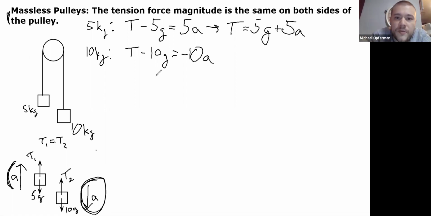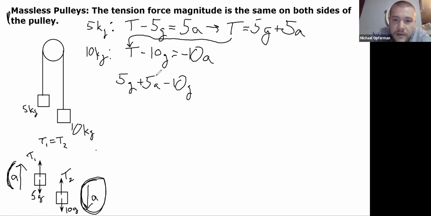And then I'm going to substitute that result in for this T, and that'll give me 5g plus 5a minus 10g equals minus 10a. On the left-hand side of the equation, I'm going to have 5g minus 10g is negative 5g.